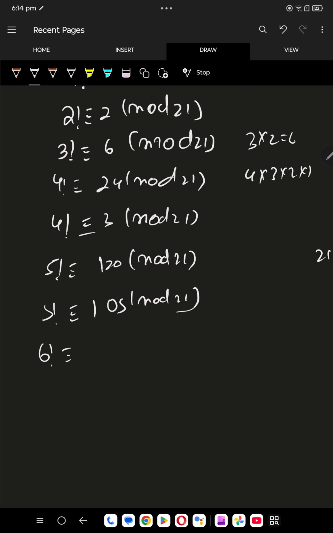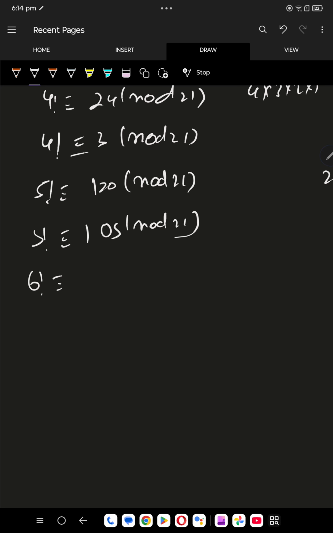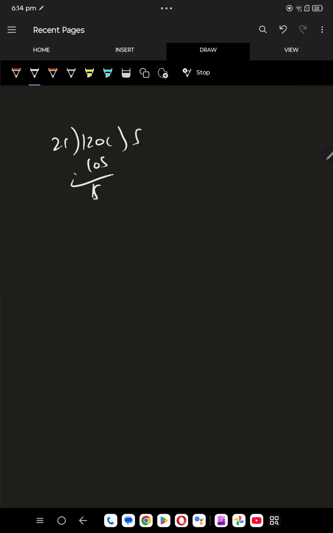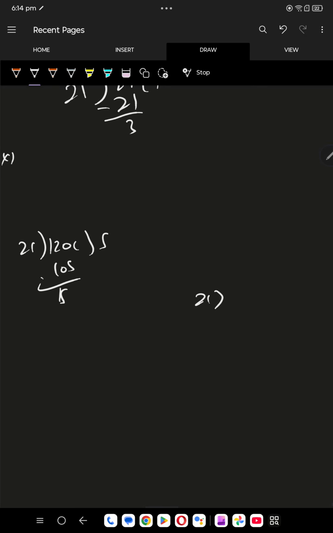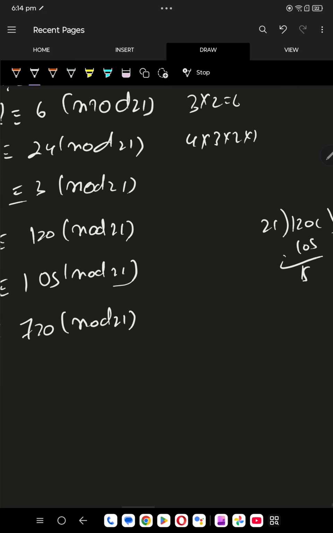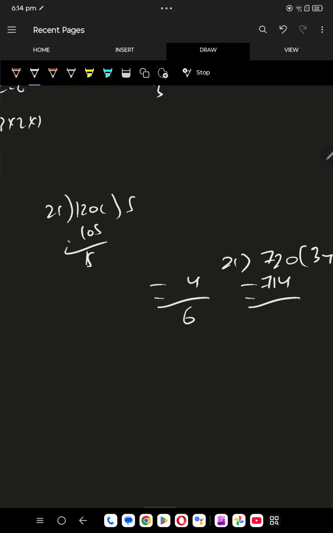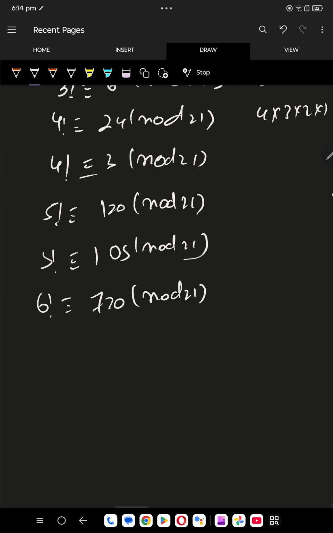Don't worry, we will not do till 202. I will tell you when to stop. Now 720 by 21, if I do, I will get 34 times. So 21 into 34 is 714, and I will get 6 as the remainder. So 6 factorial is congruent to 6 mod 21.